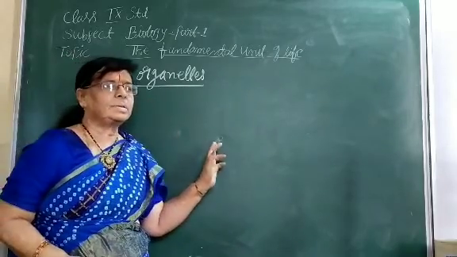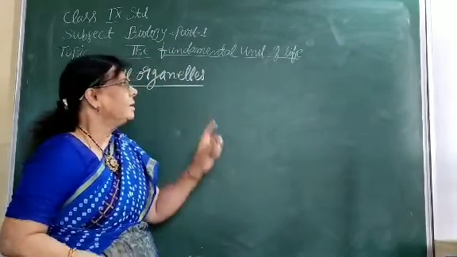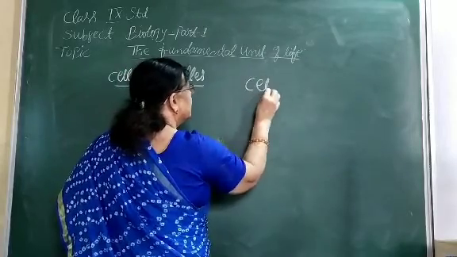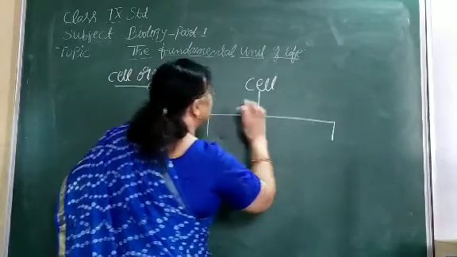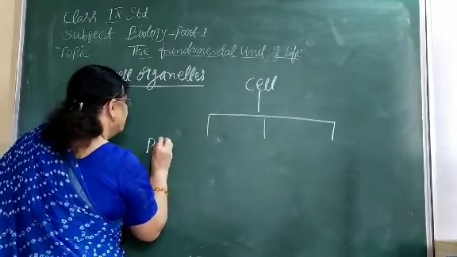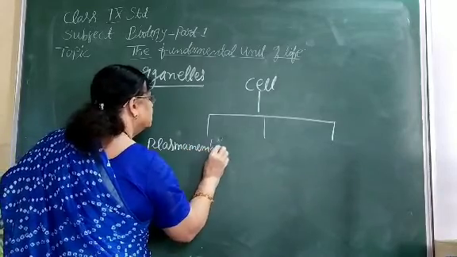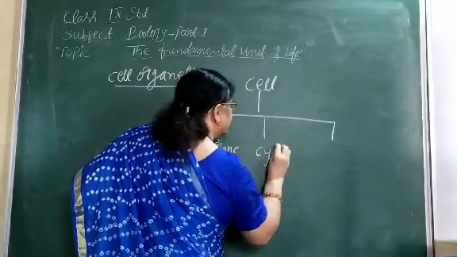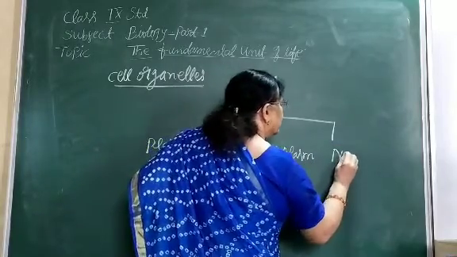The cell organelles can be studied under three main headings. A cell has three main important parts. So, the three main important parts of a cell are plasma membrane, cytoplasm, nucleus.